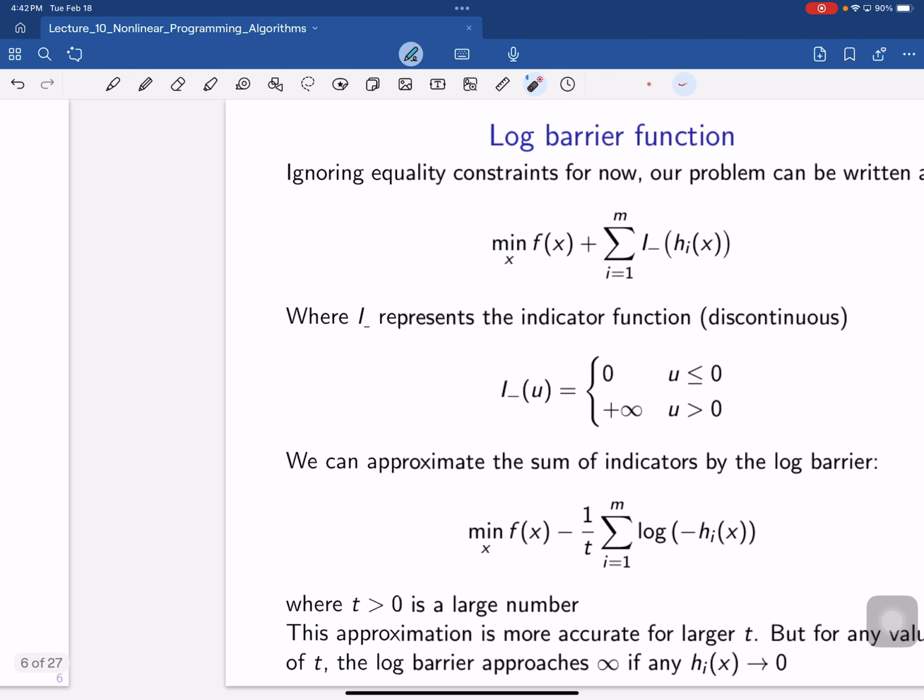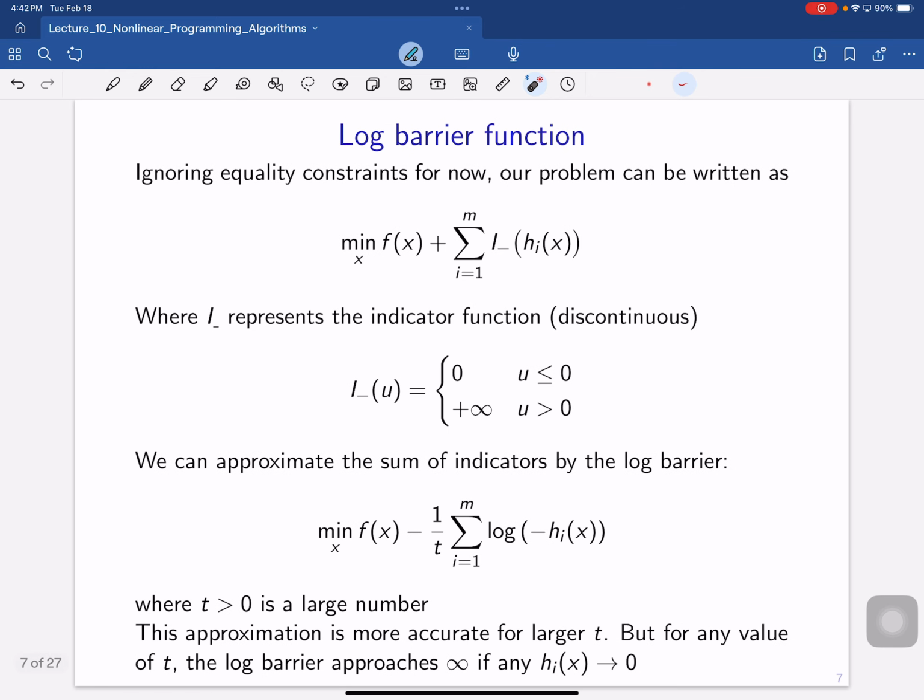Okay, so in the next few slides, we will ignore the equality constraints for now, because we already did some math and showed you that if you have equality constraints Ax equals b, it is easy. You can just convert it into an unconstrained optimization problem.